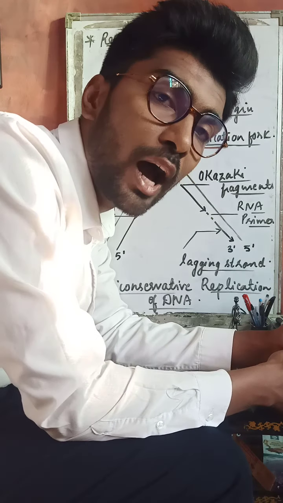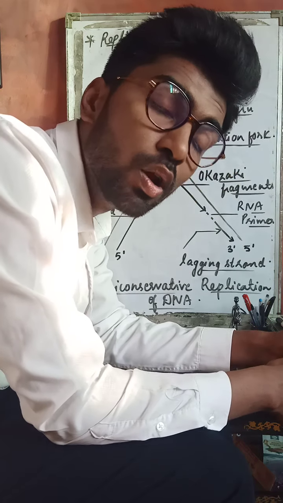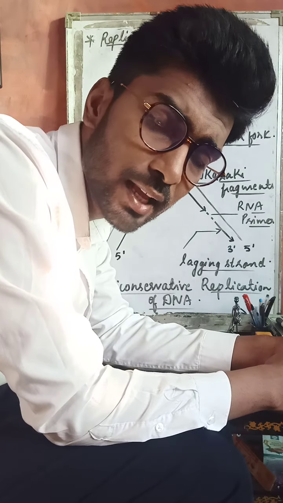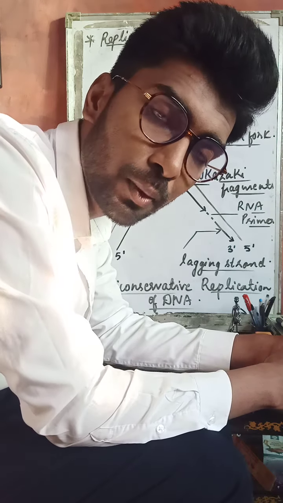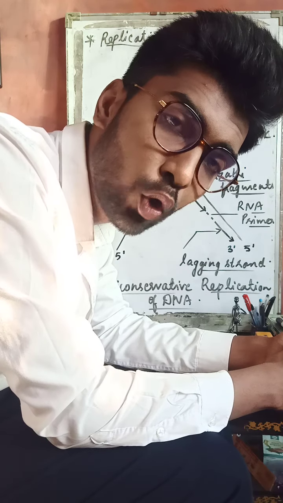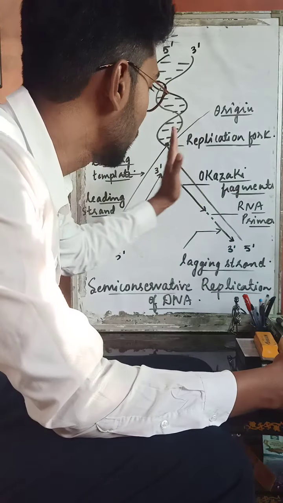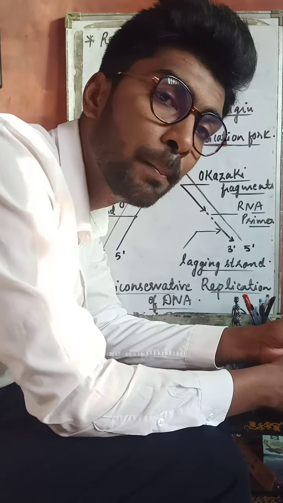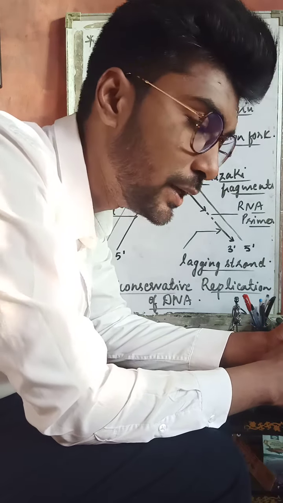That is called unwinding of a DNA molecule. So unwinding takes place with the help of DNA helicase. The two strands of a DNA start separating from each other by the activity of topoisomerase, and they are stabilized by the activity of single-stranded binding protein, that is SSBP.